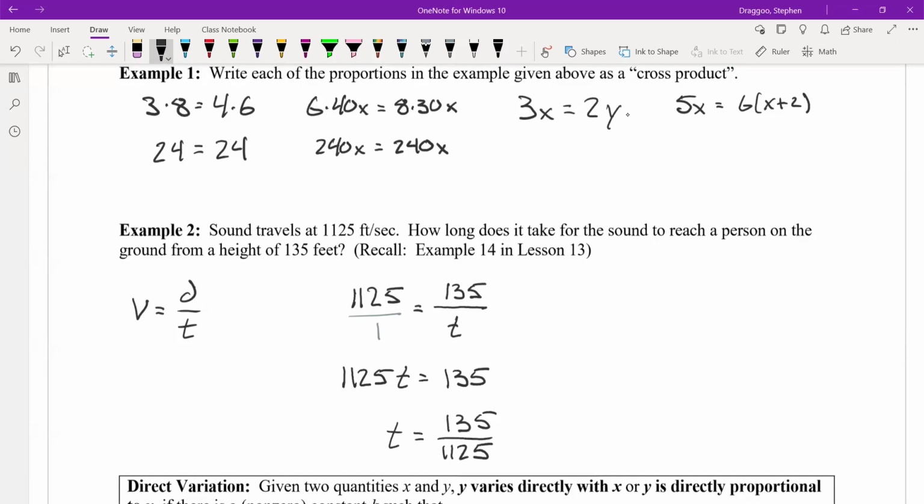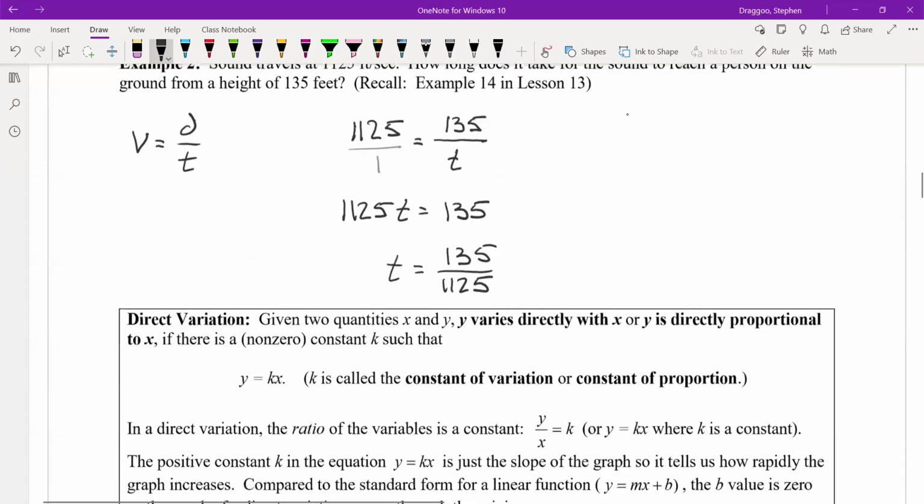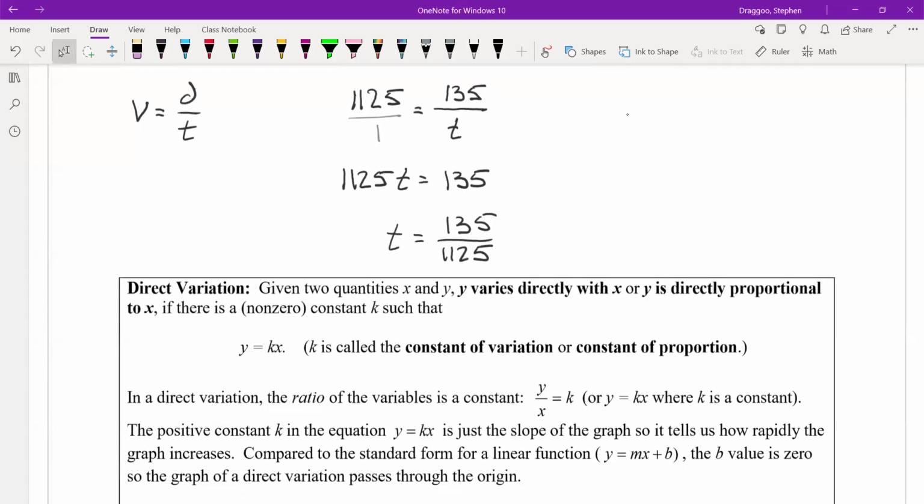So if I were to try and describe the relationship between velocity and distance and time, well, I could say that the velocity directly varies with how far the thing travels, but it is inversely proportional to how long it takes. And that's going to be our basis for direct variation and indirect variation.